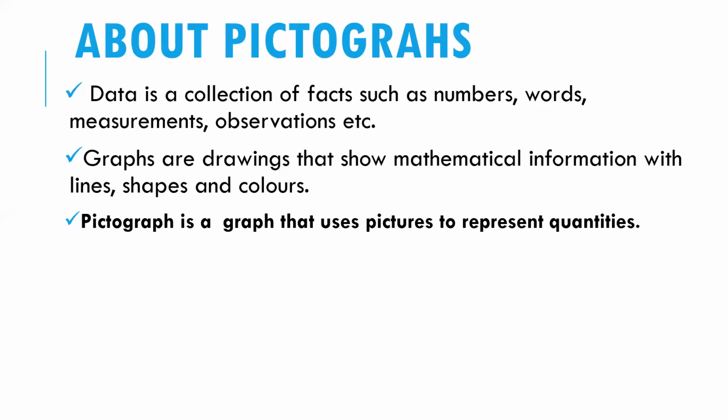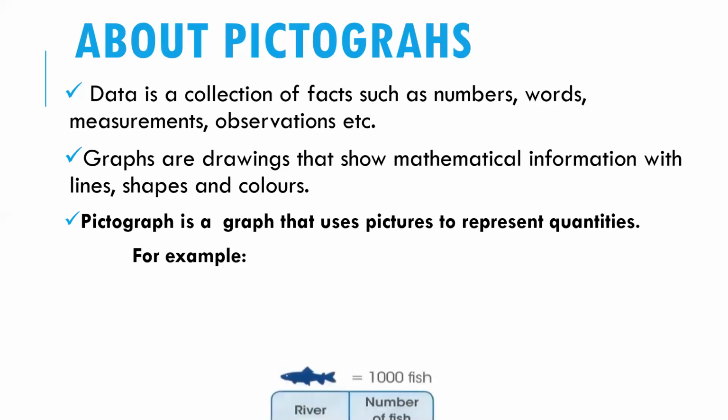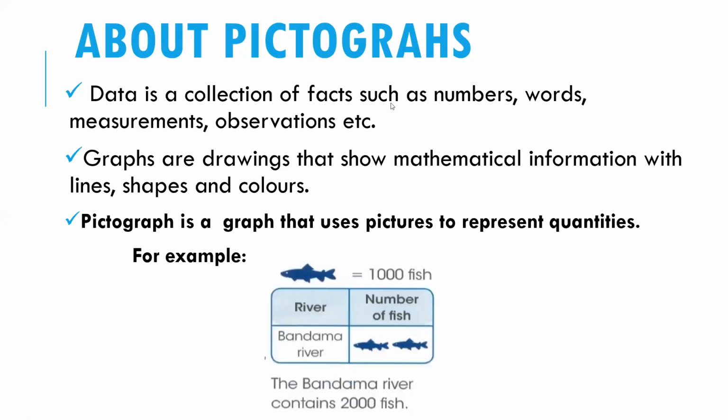Now I will explain through an example what a pictograph is and how we find information from it. See, this is called a pictograph, where you can see a tabular column with 2 rows and 2 columns.